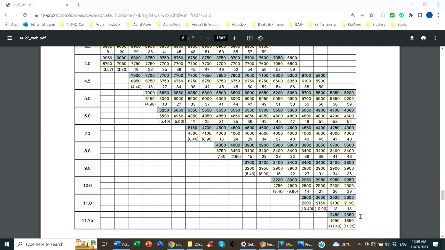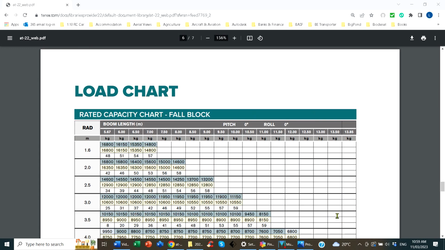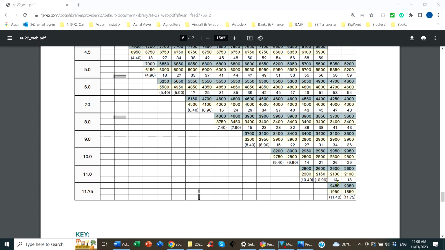So in other words, you can pick up at this boom, way out here, 0 pitch, 0 roll. That's another thing to consider. So if we're out here at say 13.5 meter radius, we can pick up 2450 kilos straight ahead.